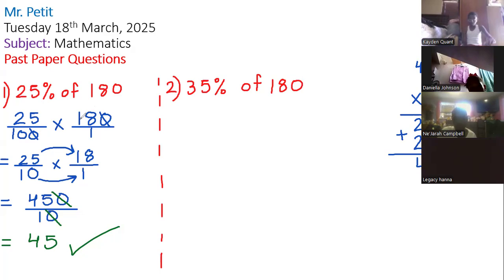So then we have 180 over what? 1. Next thing we do, we cancel out all the zeros. And so we are left with 25 over what? 10. 25 over 10 multiplied by what? 18 over 1. Very good.